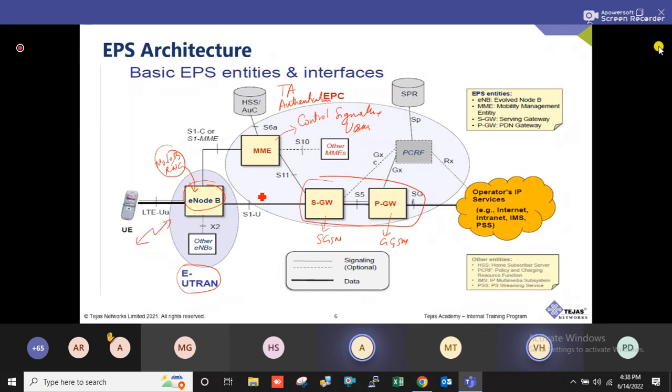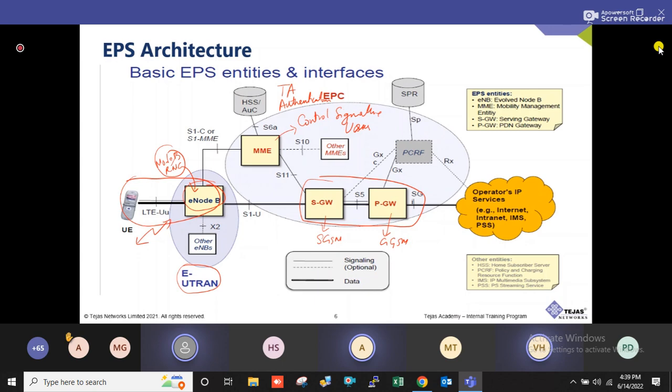I hope before this everyone is familiar with all these entities and the other concepts we had with respect to bearer configuration and quality of service framework. These are the things which come with respect to radio as well as core. So now we will concentrate more on this side, because this is where our actual job lies. So for this air interface, what are the parameters we need to take care of?